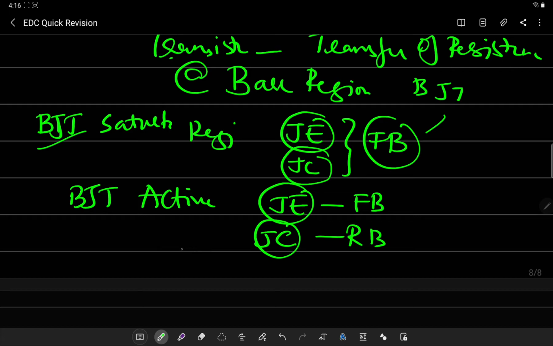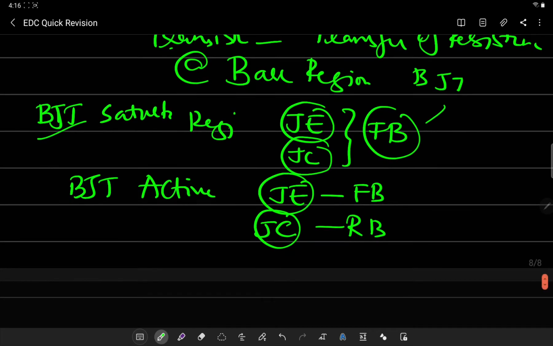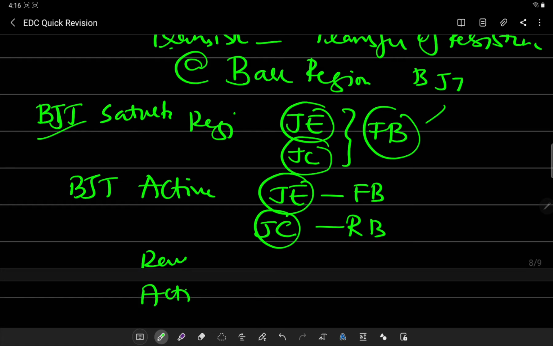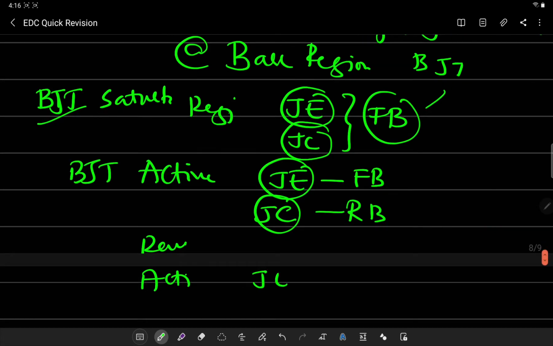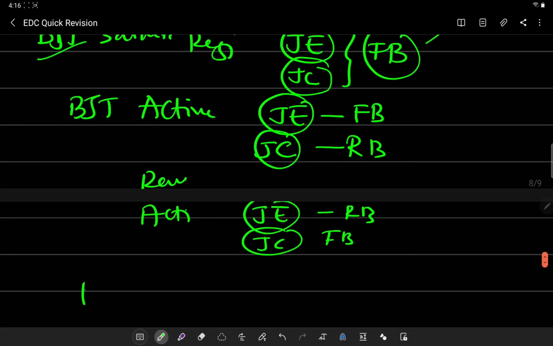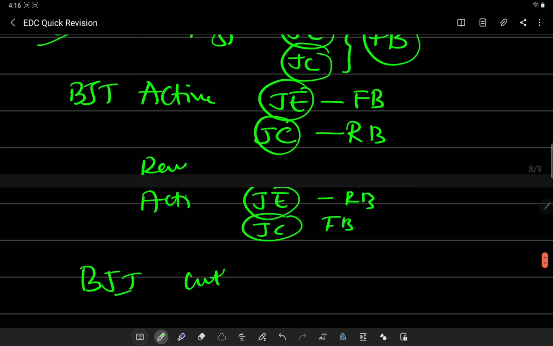There is also another region called reverse active, in which the emitter junction is reverse biased and the collector junction is forward biased. The BJT is in cutoff when both junctions are reverse biased.